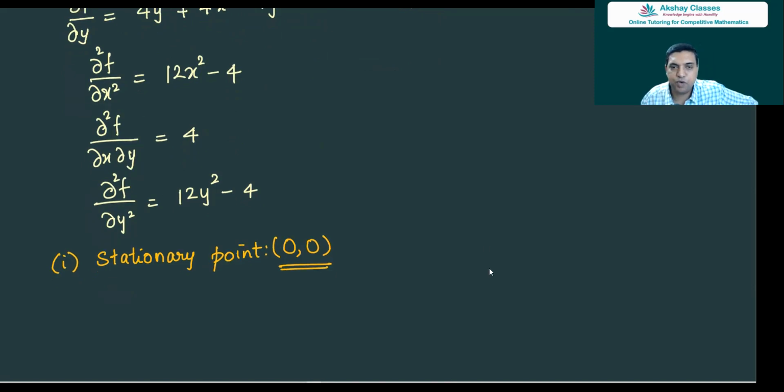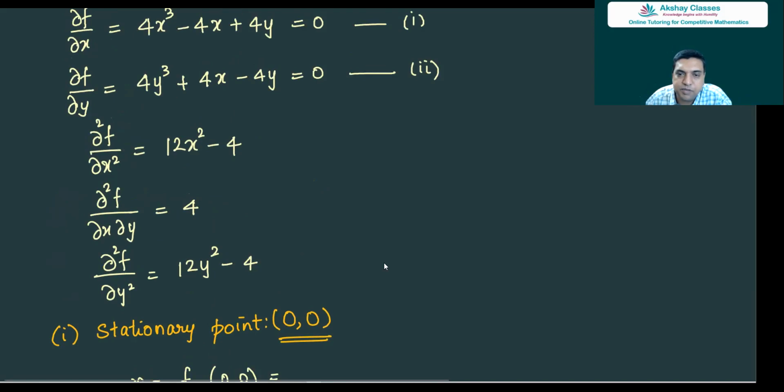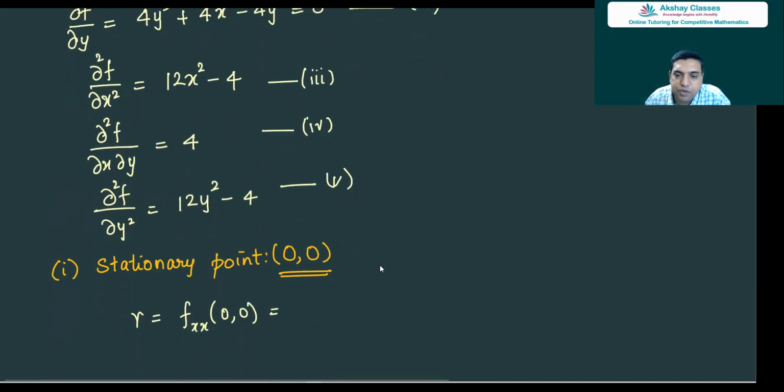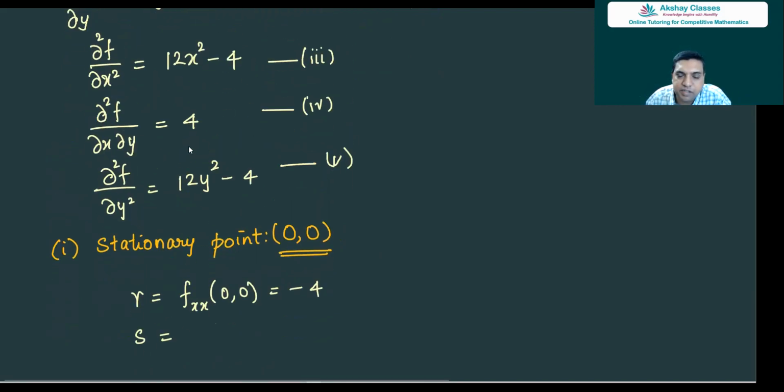Now, at this point, what will be R? R is f xx at 0, 0. So substitute 0, 0 in expression 3: we get minus 4. S is constant irrespective of x and y.